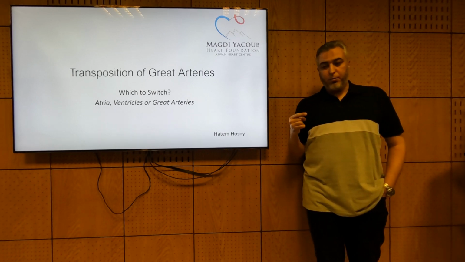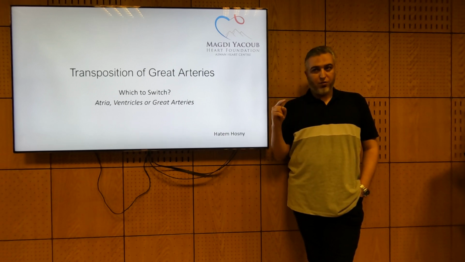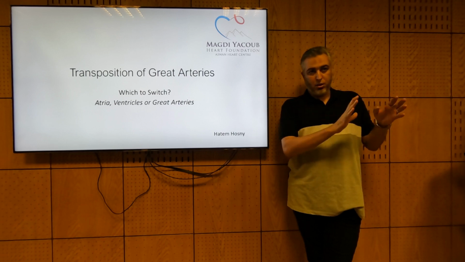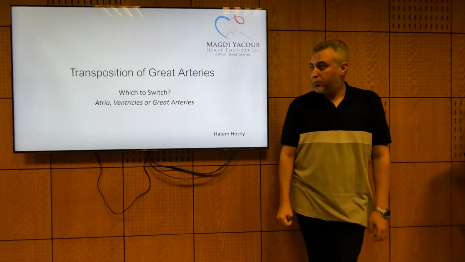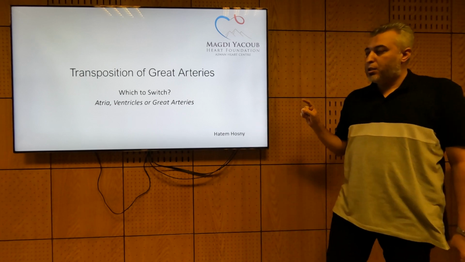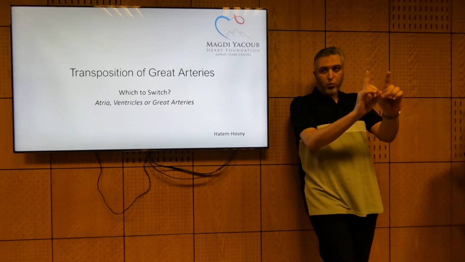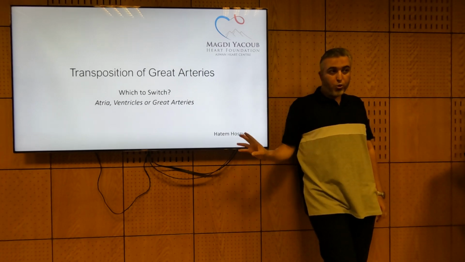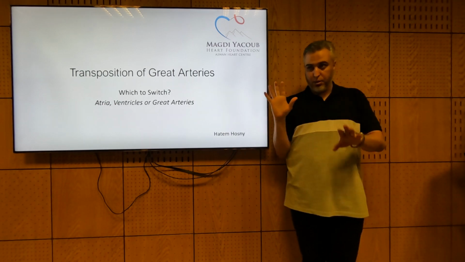These anomalies are very common to the extent that we put them into the algorithm of thinking how to manage TGA. They do affect a lot the pathophysiology, also the presentation and management of these cases. So today we want to say which patient will get which intervention, when, but also importantly why, so that we can think it over and get the different combinations.